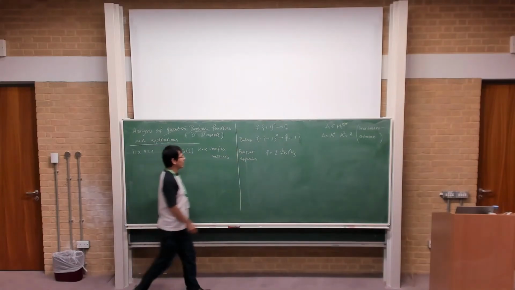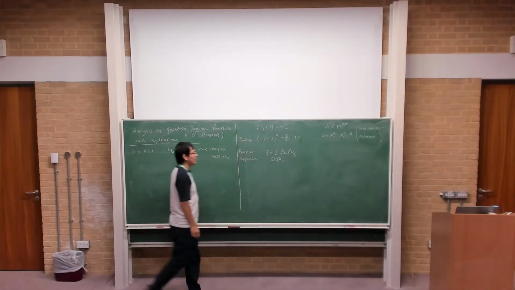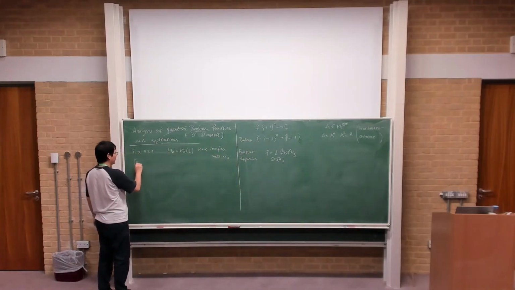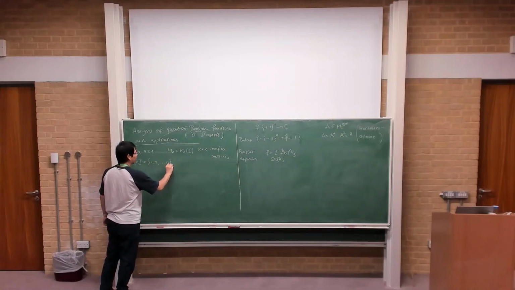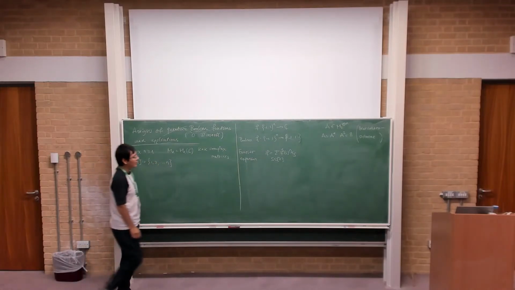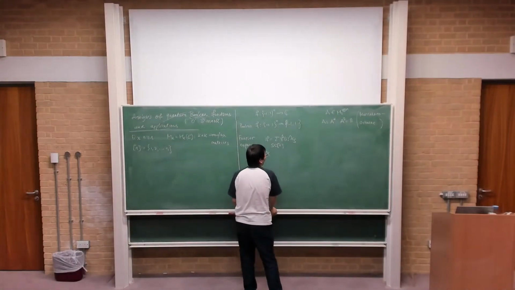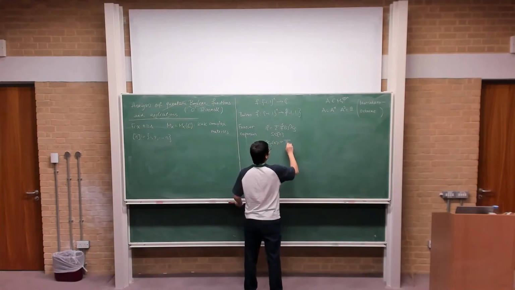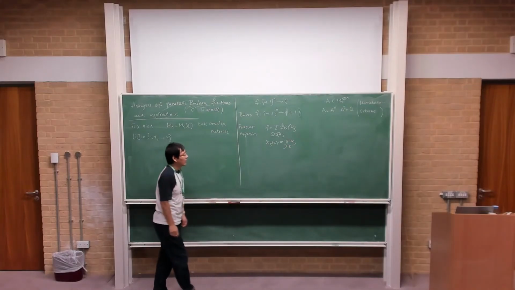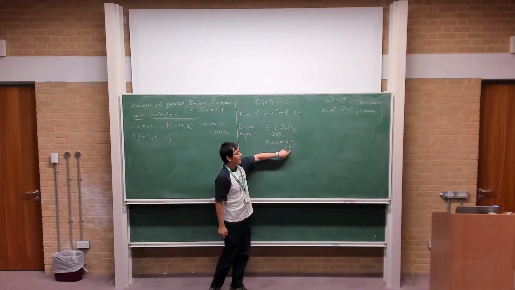What is this S? S here is a subset of the first n positive integers. Then each chi-S is defined to be the product of the coordinates xj, where j belongs to this set S.